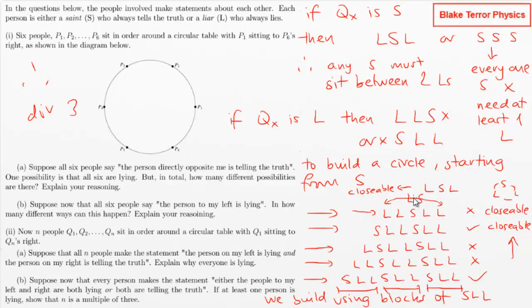If you had L, S, L, L, well, you can't have 3 L's in a row if you turn that into a loop. So you can't just say, oh yeah, here we go, we're just building up in blocks of 3. You have to show which loops are actually closable loops or not. Otherwise, you haven't actually taken that final step.